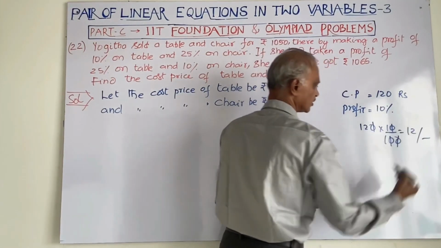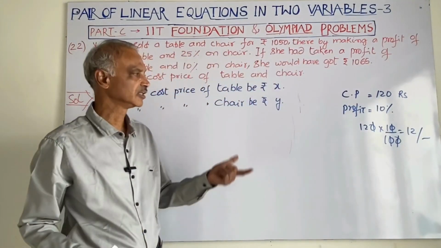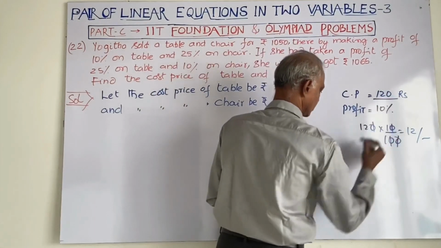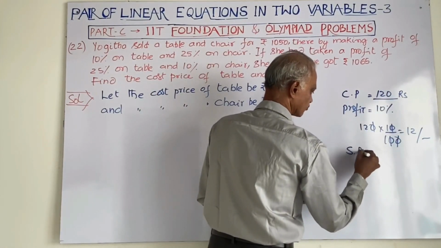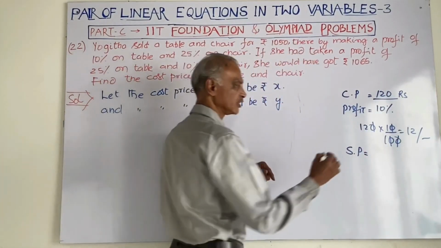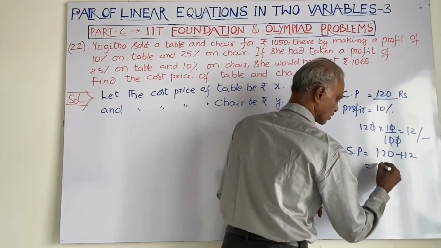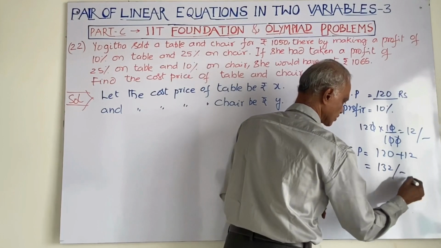What is the profit on table or chair? 12 rupees. What is the selling price? Cost price is 120. What is the selling price? 120 rupees plus 12 rupees means 132 rupees.